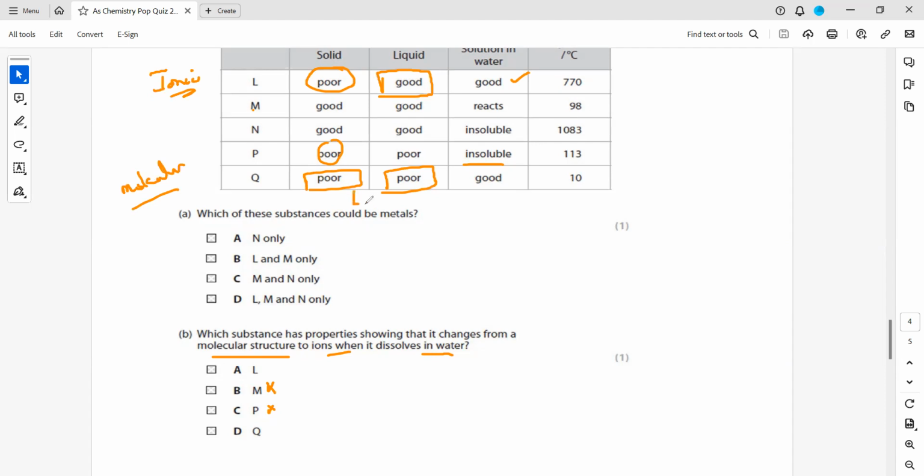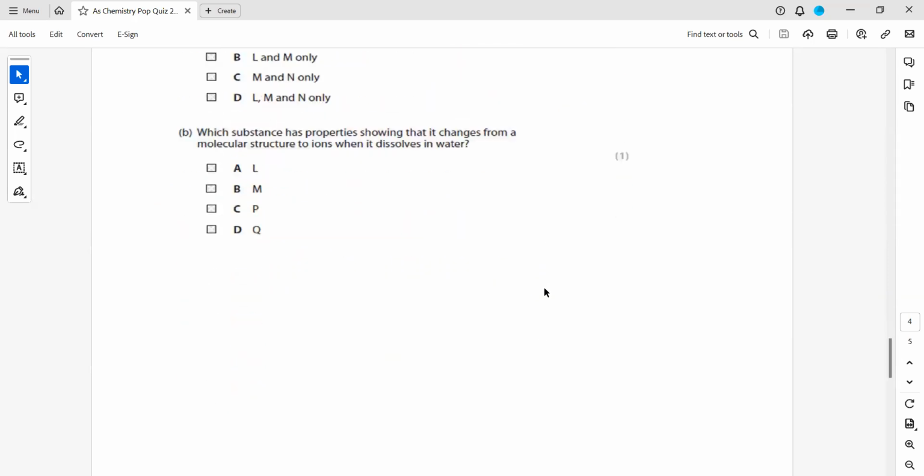And this simple covalent structure does not conduct in solid or liquid, but when it is dissolved, it dissociates into ions and starts to conduct. So D will be the right answer. It might be hydrogen chloride, HCl, which does not conduct electricity, but when we dissolve it in water, it changes into ions and conducts electricity.